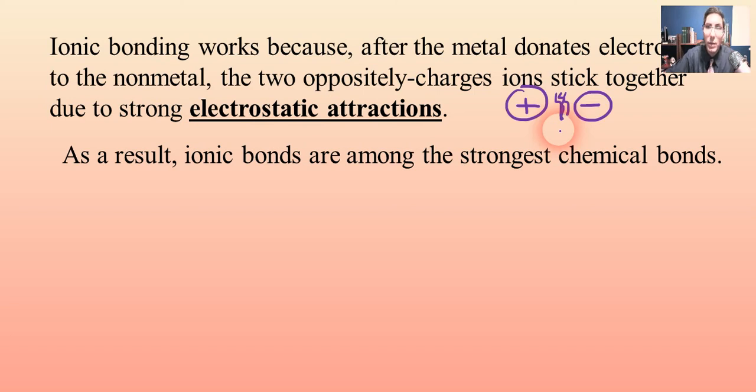If we take a look at that, we can actually see that this affects the melting point of these substances. For example, sodium fluoride. That's composed of one sodium ion for every one fluoride ion. And its melting point is 993 degrees Celsius. That's pretty high.